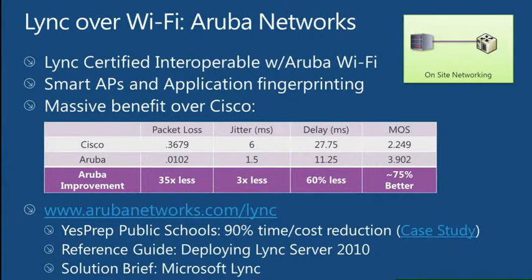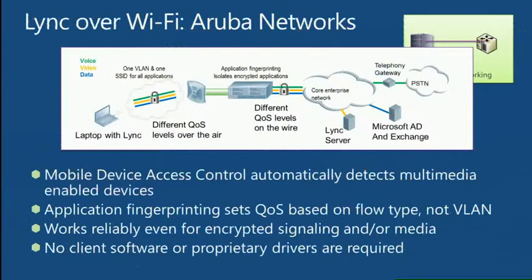Anyway, Aruba has a ton of information around how they are able to do some of this. What's interesting is that they can look into the specific RTP traffic that gets generated end to end.